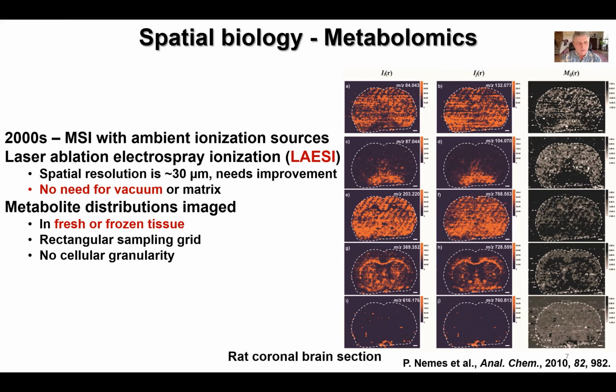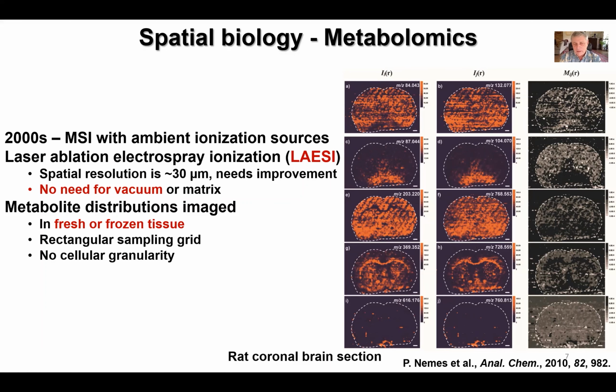There is an example from my lab, laser ablation electrospray ionization, or LAESI. And we were able to image, for example, in this case, a coronal brain section from a rat, and identified multiple metabolites and lipids in that tissue section.